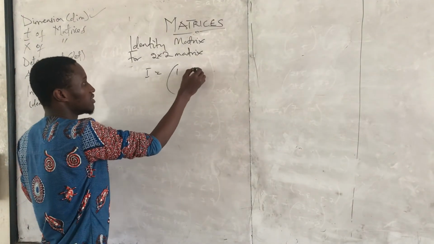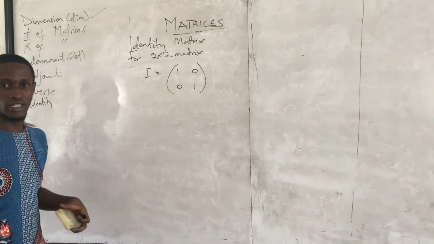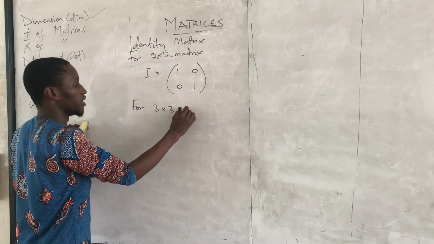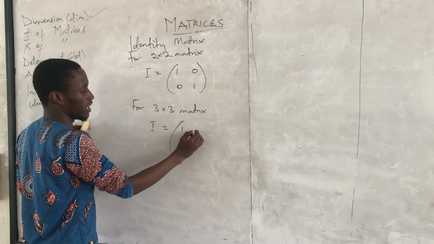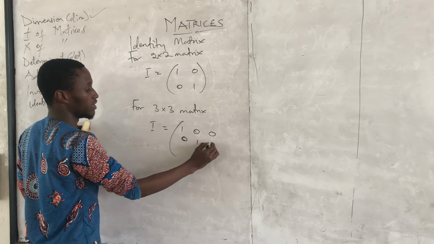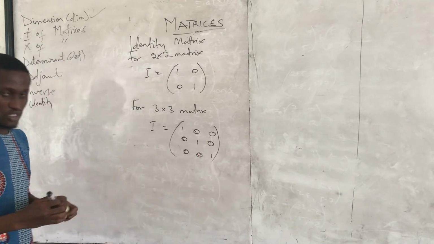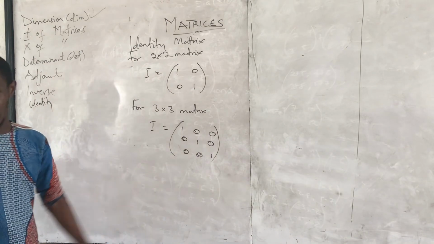So you have 1, 0, 0, and 1. So this diagonal is 1. So for a 3 by 3 matrix, the identity is 1, 0, 0, 0, 1, 0, 0, 0, 1. So that becomes the identity matrix for 2 by 2 and for 3 by 3.